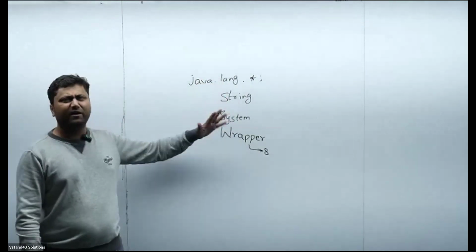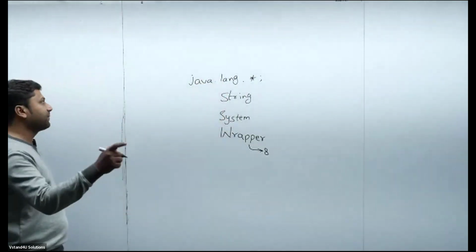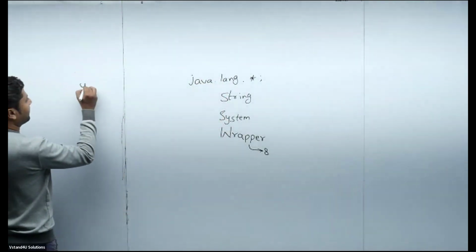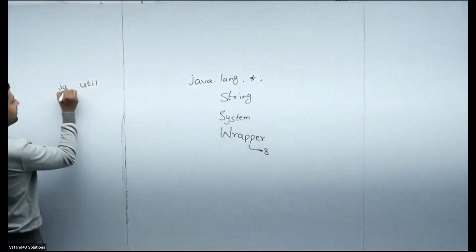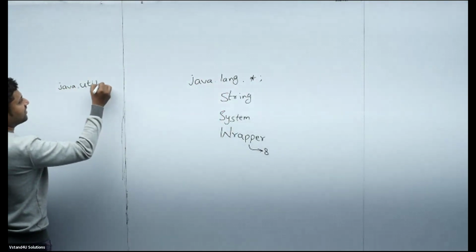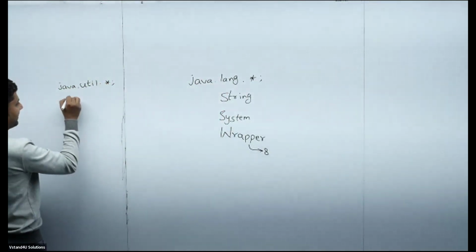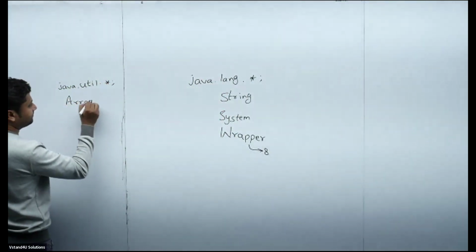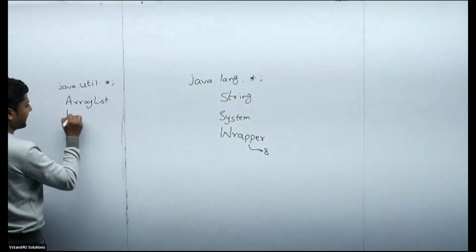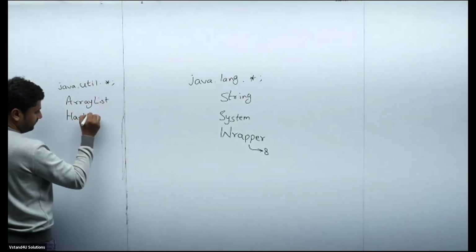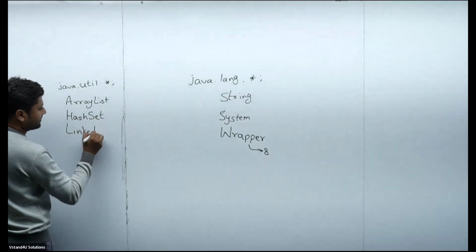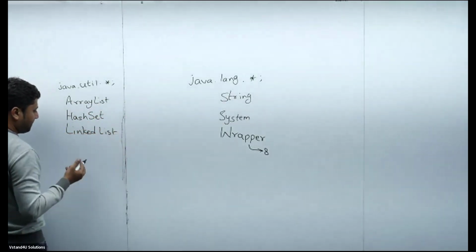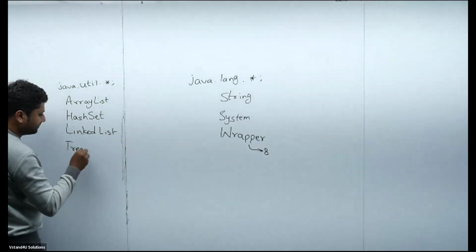To get them, I don't need to write anything, but different packages are also there. Say util. I'm sure you have heard of a package called java.util, where collection related classes are there, like ArrayList, HashSet, LinkedList, HashMap. Many are there.